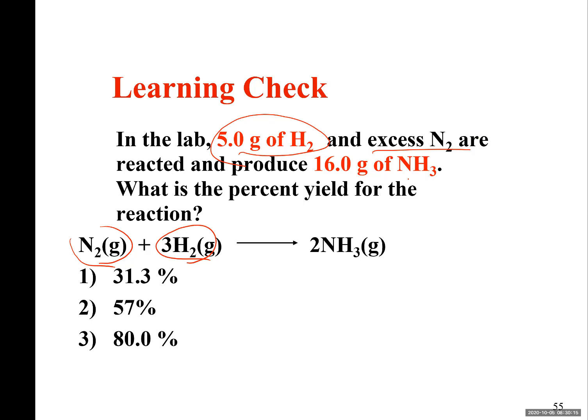And 16 grams of NH3 actual is 16 grams. What is the percent yield?